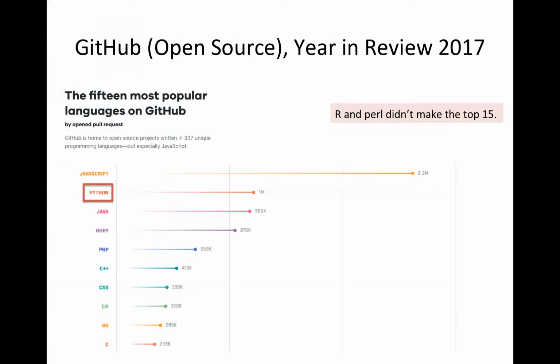Looking at open source code, which is primarily where a lot of our research and academic code lives, GitHub is this huge open source code repository. I use it to teach the class out of, but that's a very non-traditional use of GitHub. It's normally for code. And in this world, Python is actually second. And R and Perl didn't even make the top 15. So I think that gives you an indication of why we're going to learn Python.